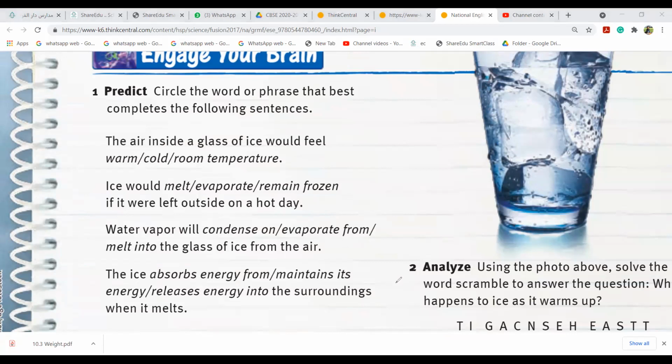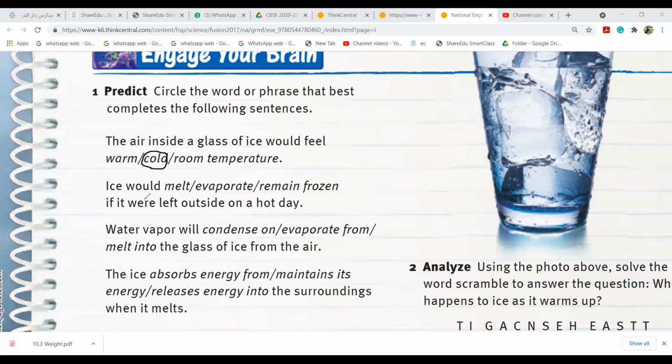Yes, the air inside. I think you can see the screen, right? If there is ice inside, how about the air? What will be happening to the air inside the glass? Will it be warm, cold, or room temperature? Cold, because of course, when the ice is cold, it will let the surrounding be cold.